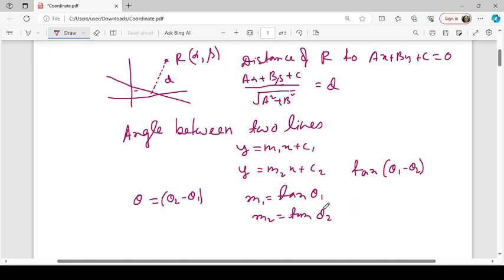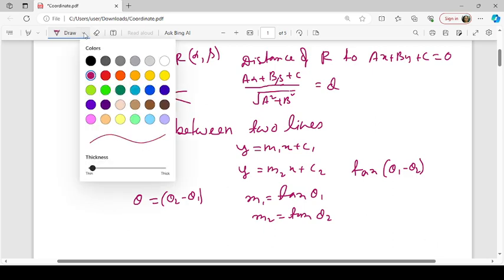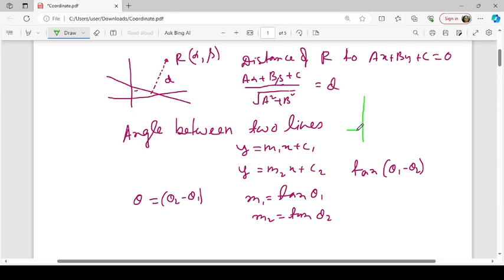Now two straight lines are parallel when theta 1 equal to theta 2. So this is a line L1, this is a line L2. This is theta, the same angle, so they are parallel.